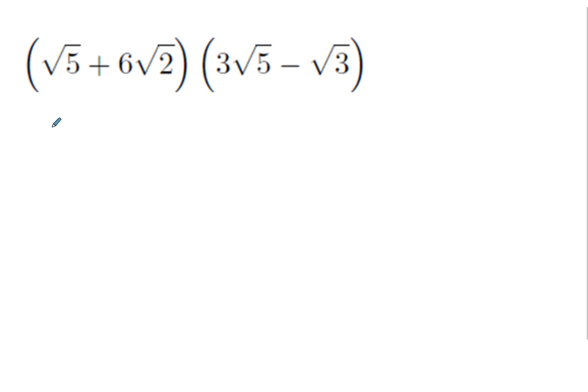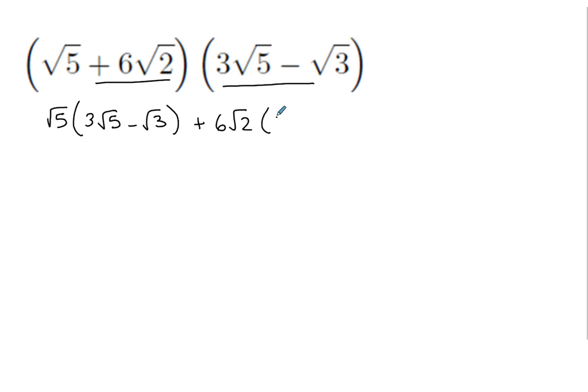All right, let's tackle this one the same way. So we're going surd 5 times that whole thing, 3 surd 5 minus surd 3, plus 6 surd 2 times all that.